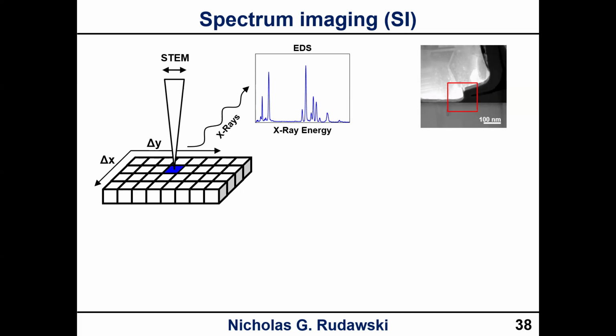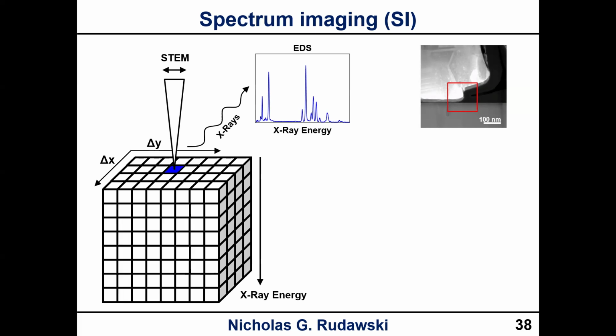So for each pixel in my analysis region, I'm going to have an EDS spectrum attached. So my image, which is two-dimensional, becomes a data cube. The third axis of the cube is therefore X-ray energy.